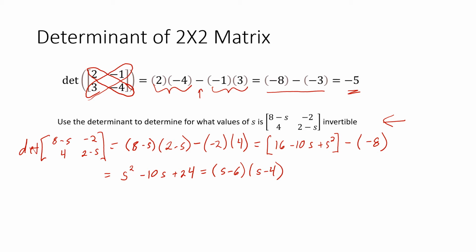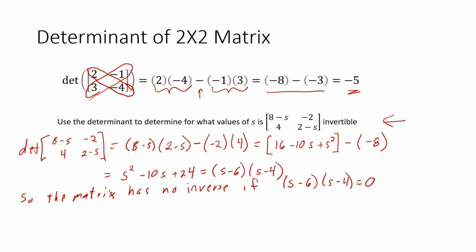So when is the determinant equal to 0? So the matrix has no determinant, or sorry, the matrix has no inverse if S minus 6 times S minus 4 equals 0.